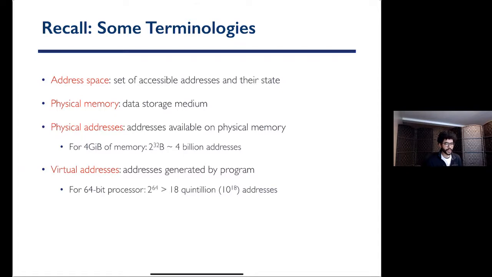And physical addresses are the available addresses for your physical memory. If you have a 4 GB memory, as you saw in the previous lecture, this means that you have 2 to 32 bytes. And assuming that each byte is addressable, this means that you have about 4 billion addresses to use.